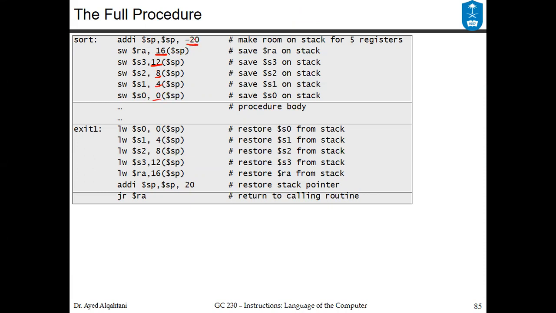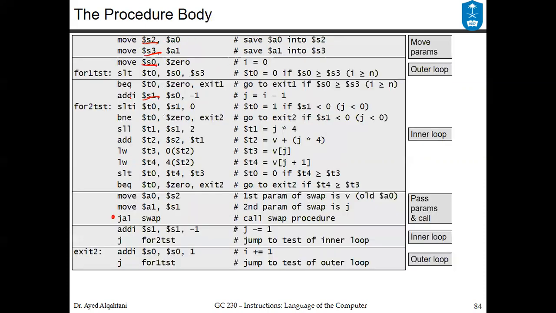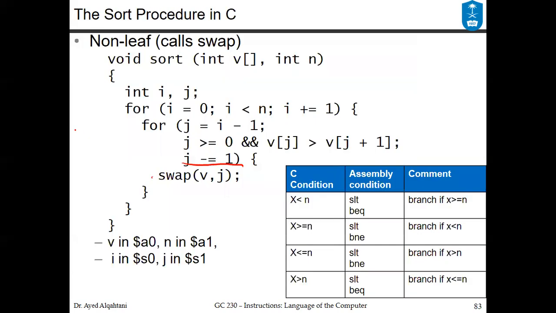Notice that beginning from the 20, every time we are subtracting 4 until we get to 0. So we saved all these variables, and then we start doing the procedure, which is this procedure. Once you're done with the procedure, meaning the last statement was here, and you needed to exit to label exit 1, you will come here.